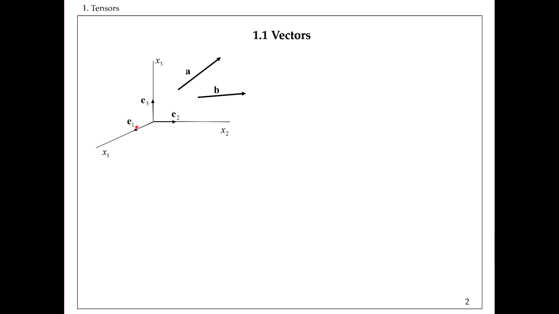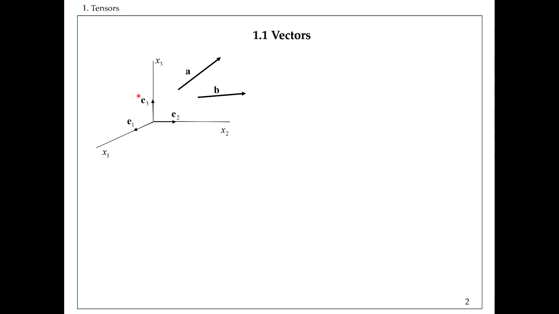They are unit vectors, and they're also orthogonal, so at 90 degrees, perpendicular to each other. And so they basically build our Cartesian coordinate system.